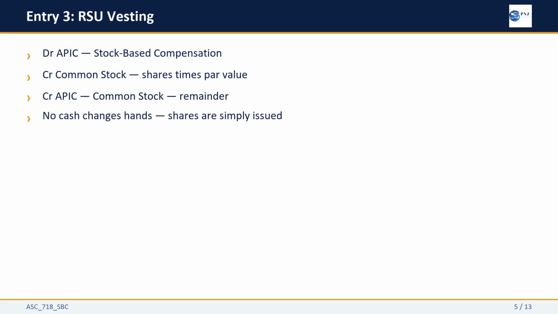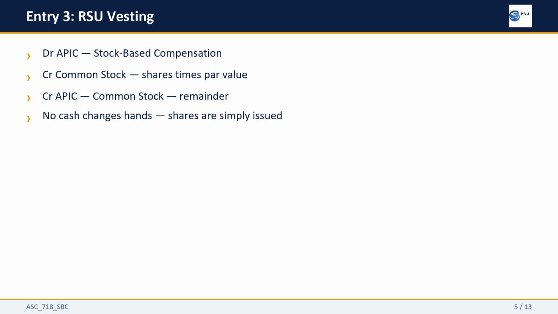When RSUs vest, the company delivers shares to the employee. No cash changes hands. Unlike an option exercise, there is no exercise price. The entry transfers the cumulative SBC balance in APIC-SBC to common stock at par, and to regular APIC. Many RSU vesting events also involve a simultaneous tax withholding settlement.